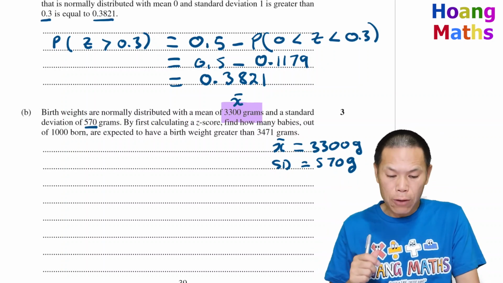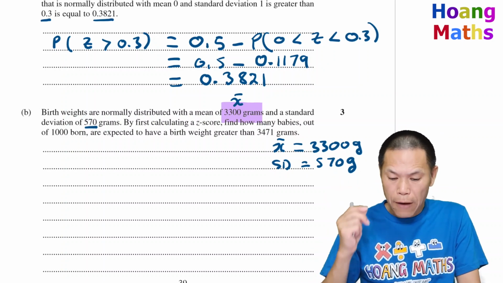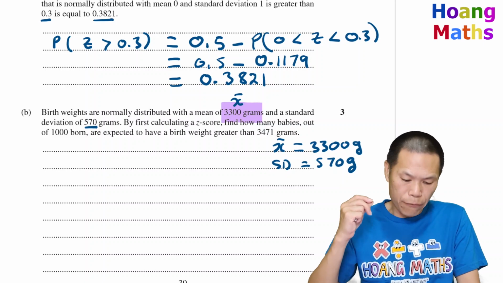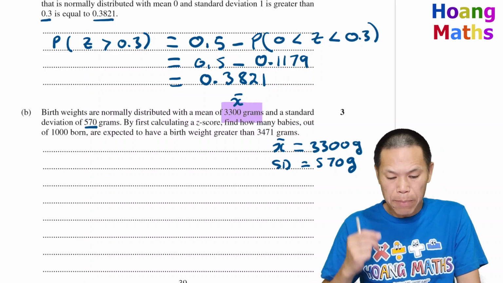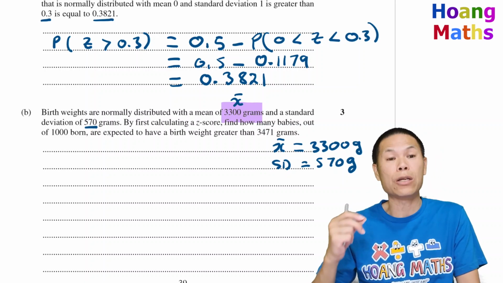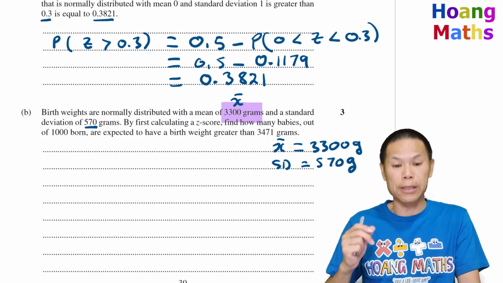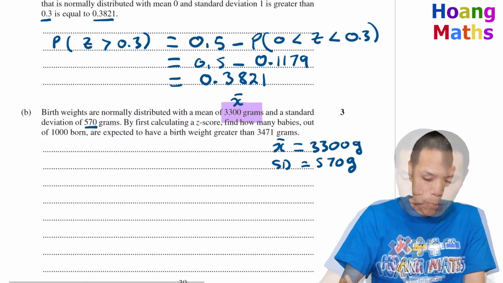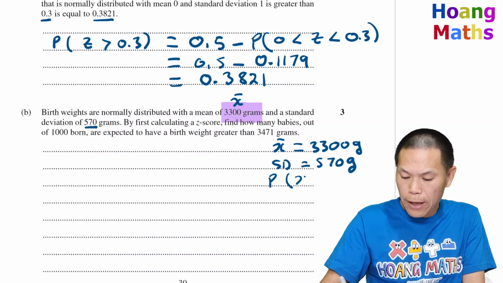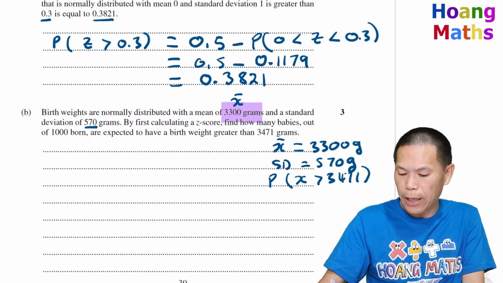By first calculating a z-score, find how many babies out of 1,000 born are expected to have a birth weight greater than 3,471 grams. So we need to work out the probability of x greater than 3,471.